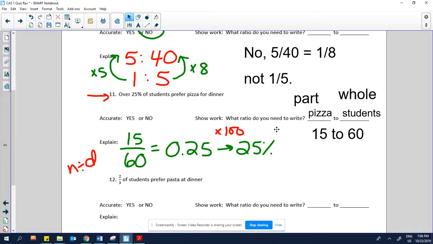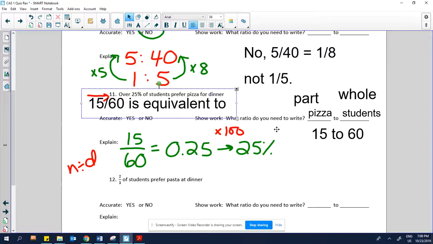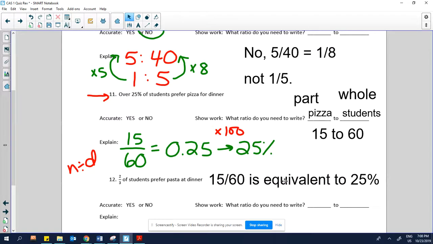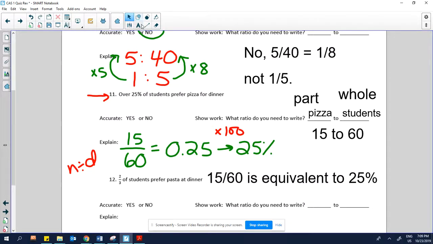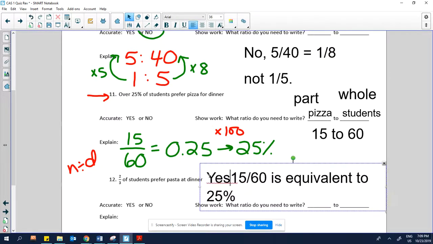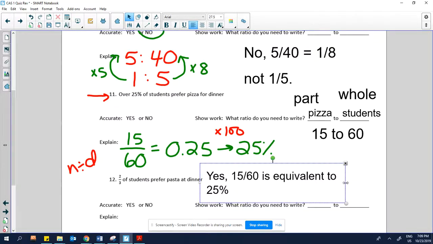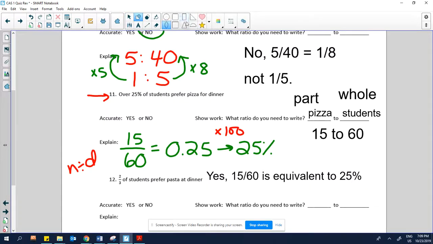Sure is. 15 over 60 is equivalent to 25%. And I would say yes. And also, I would like to circle that this is a yes, just so it's really clear.